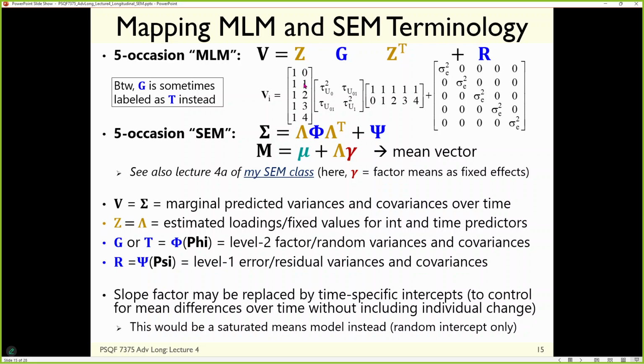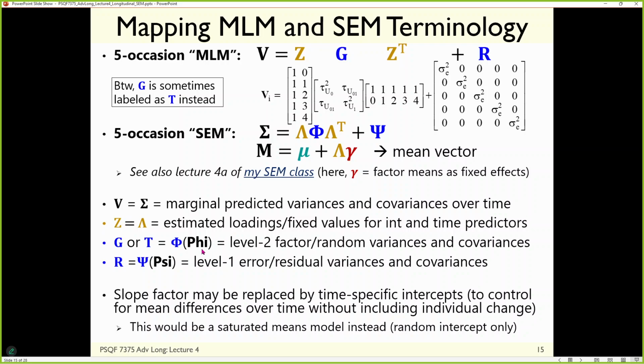Z is a design matrix that gives the values of the predictors that have random effects. That is represented by the loading matrix in SEM land, because the loadings are the time values. What we call G, level 2 random effect variances and covariances, is shared across everybody, whereas Z is person specific, whatever values they happen to have for their time observations would go in here.